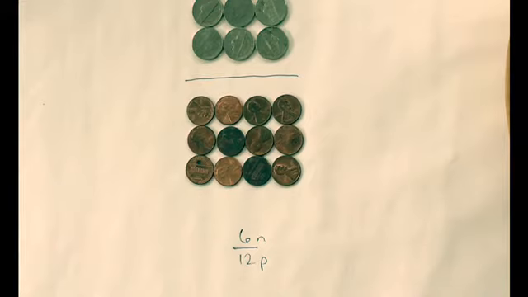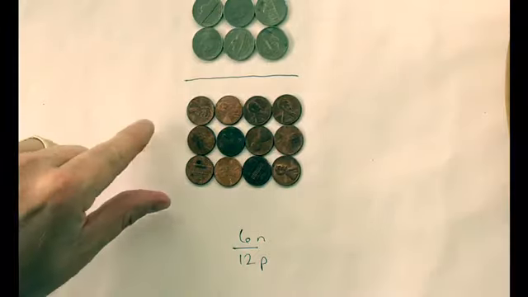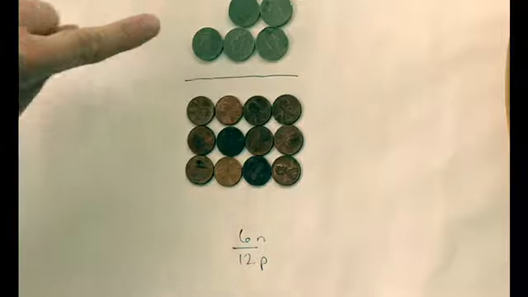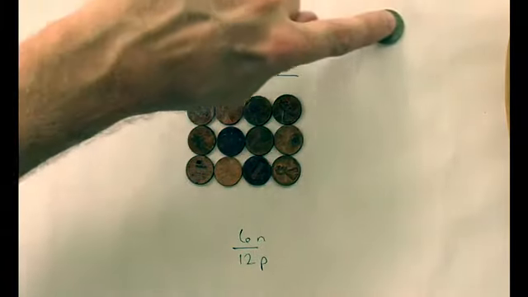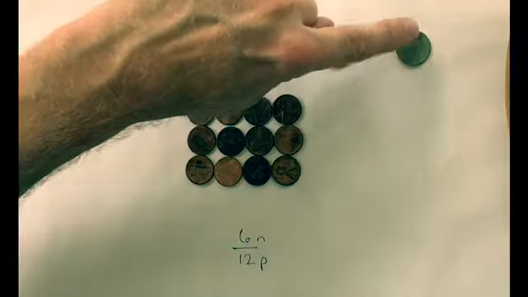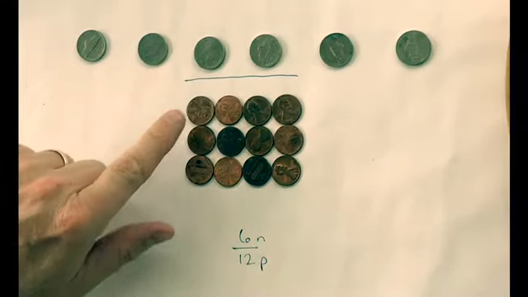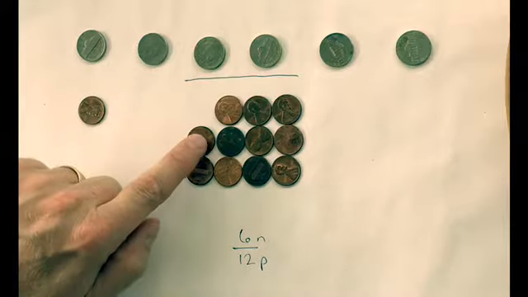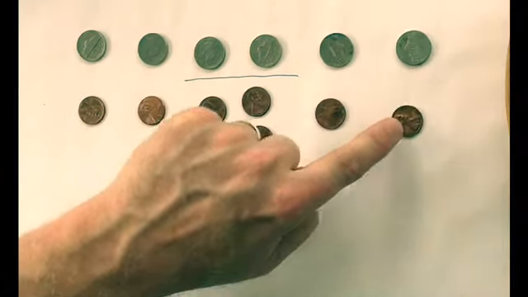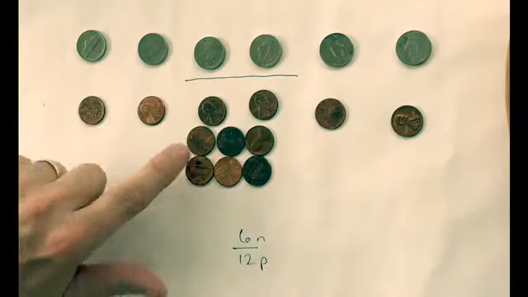Now I can also show that in several different ways, but here's one way. Let's say I divide each group of nickels up equally and I divide each of the pennies up equally. Well, I can move my nickels like this and divide them into 6 equal groups. And then I can do the same with the pennies. I can divide all of my pennies up into equal groups along with the nickels, and I can still be comparing nickels to pennies.